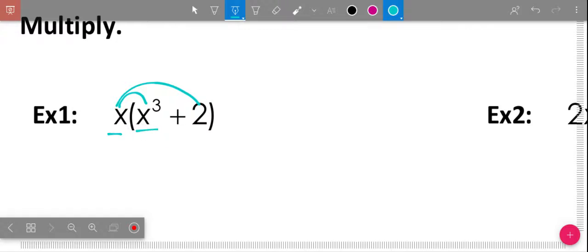So x times x cubed, we're multiplying these together. So we're going to add our exponents. Remember, this little x has a 1 with it. Okay, so I'm going to add those together. I'm going to get x to the 4th, because 1 plus 3 gives me 4. Now I'm going to distribute that x to the 2, and we're just going to multiply those together. 2 times x gives me plus 2x. That's all I have to do there.